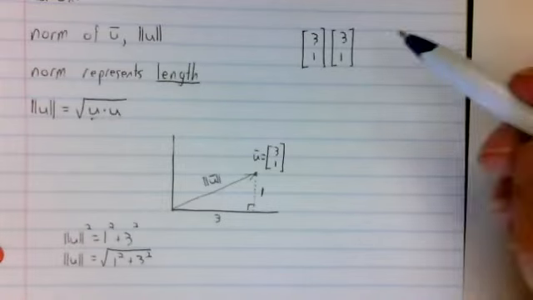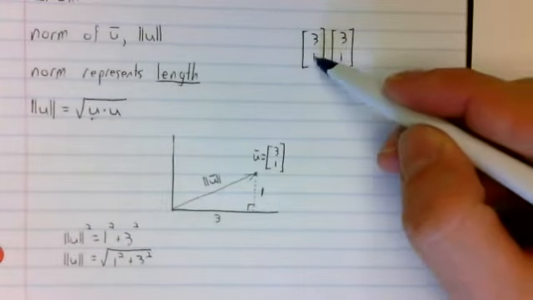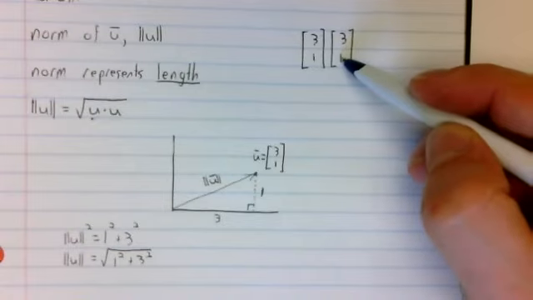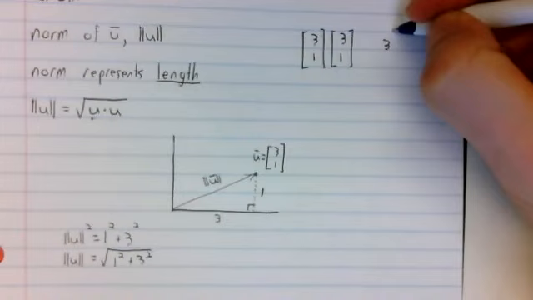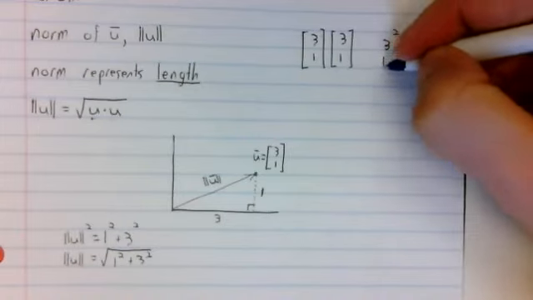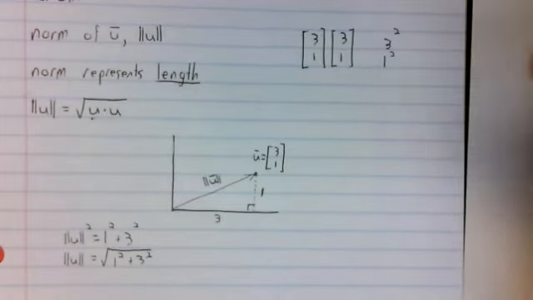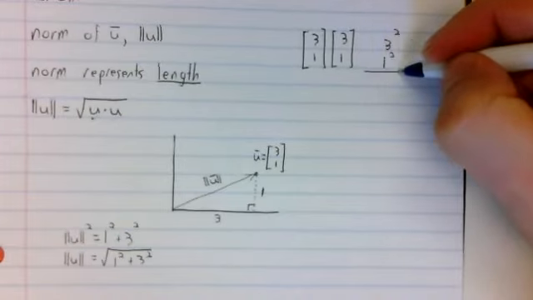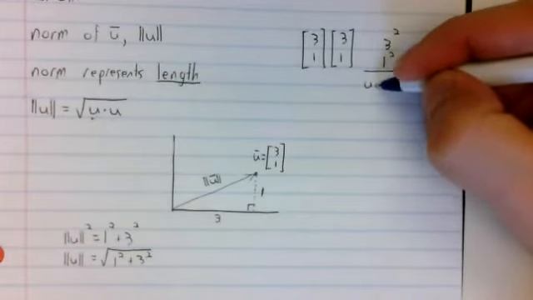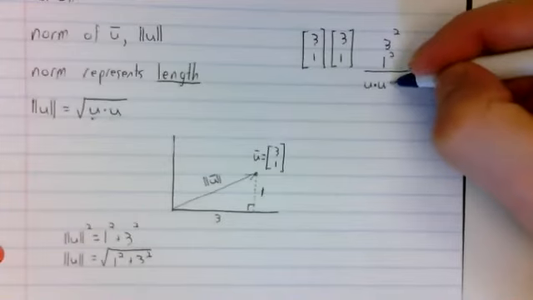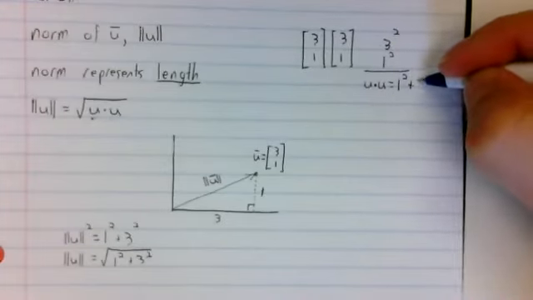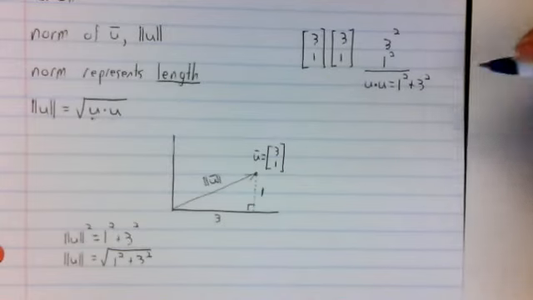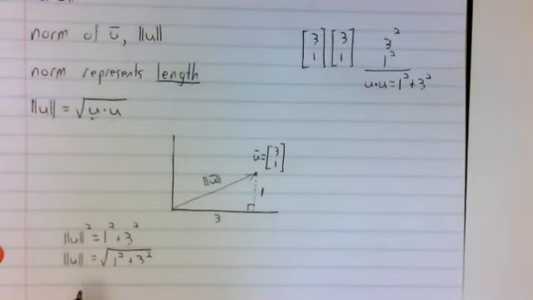To do the dot product, we multiply component-wise and then add. So we get 3 squared and 1 squared, and to get U dot U, we add them together.